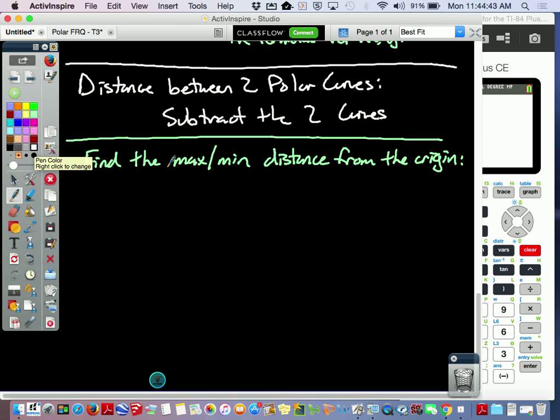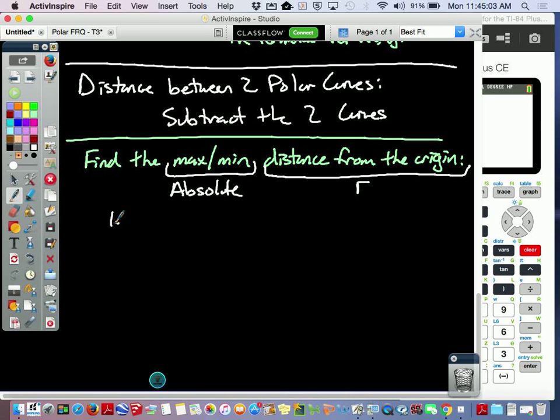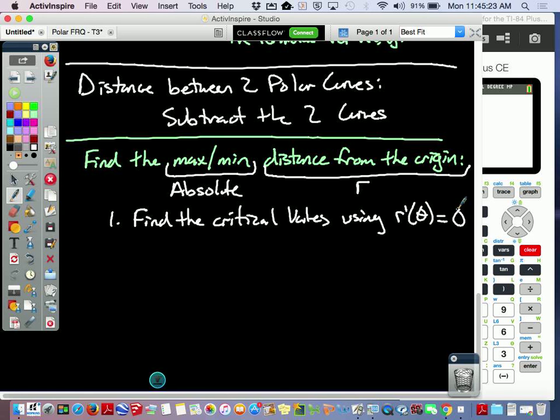First off, maximum or minimum, we are talking about an absolute minimum or maximum. Second, we're talking about the distance from the origin, which is what r is equal to. So the process to find this is our absolute minimum or maximum process, which is really a two-step process. We need to find the critical values, using r prime of theta equal to 0.